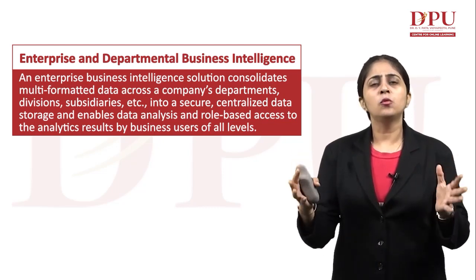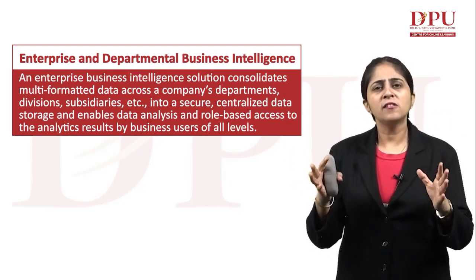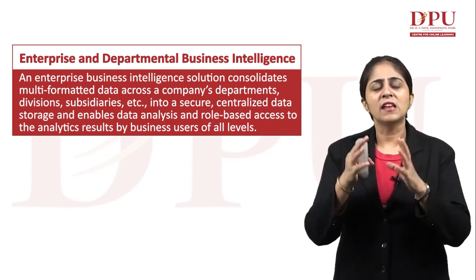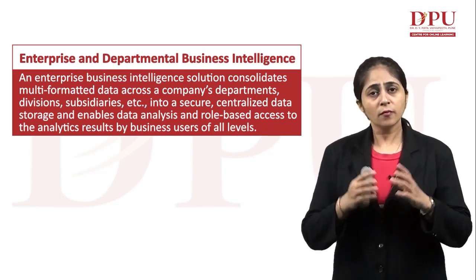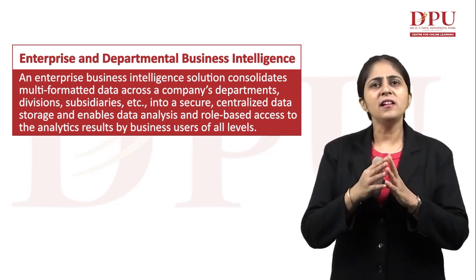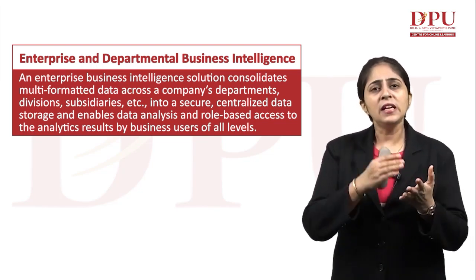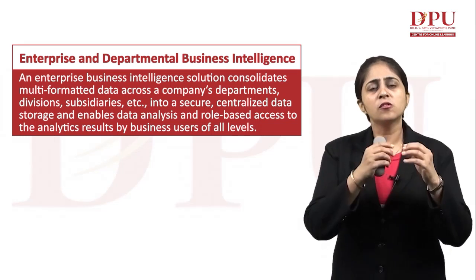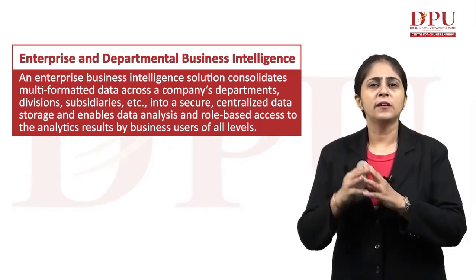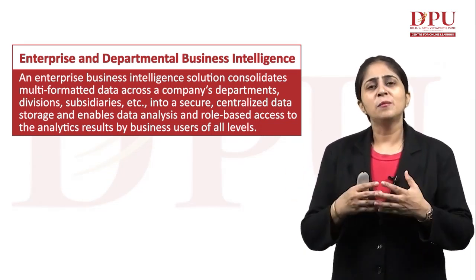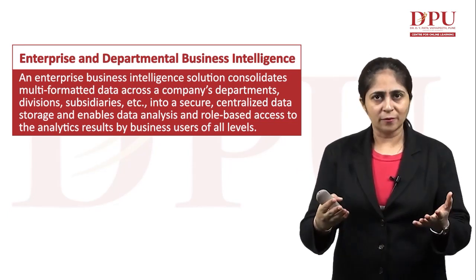So we need to gather all this data and store it in a secure centralized data storage so that analysis on this data can be done, so that we can properly convert this raw data into useful information so that it can be used by our company.